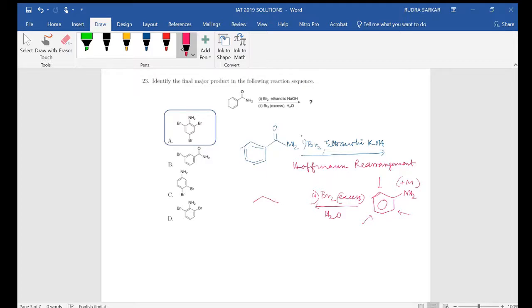So all the 2, 6, 4 positions will be now substituted via bromine, and the product that will be formed will be having this type of structure, and hence A will be our answer over here.